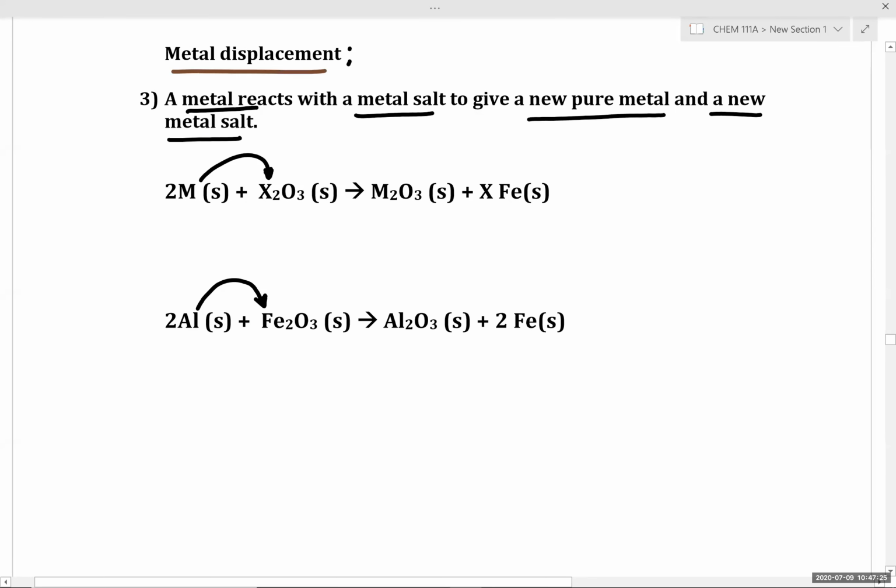Another example of a metal displacement is if you have, for example, lithium solid reacting with lead chloride. What products would we expect to see? What product would we expect from this metal displacement?